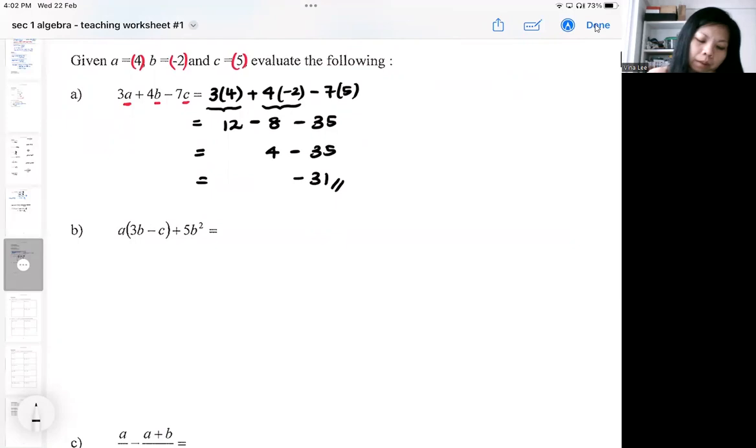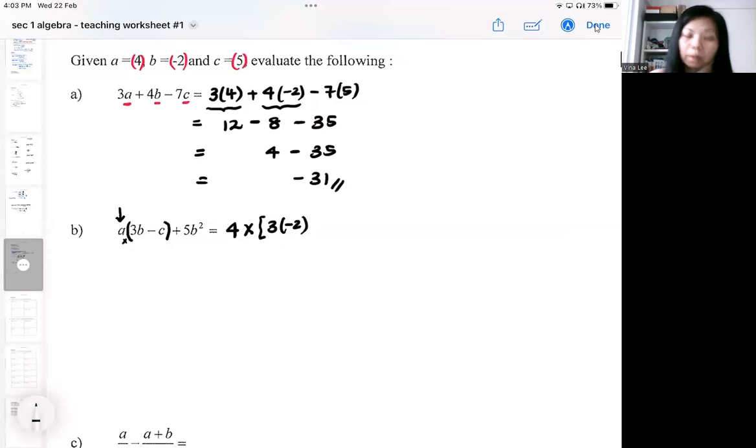For example, the next one has a bracket. So this is how I handle it. I'll put in my A. My A is a 4. I'm going to multiply by a bracket. It's an invisible operation. The bracket consists of 3B, 3 times B. So I put a bracket.